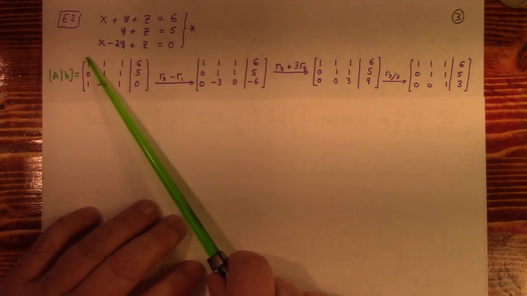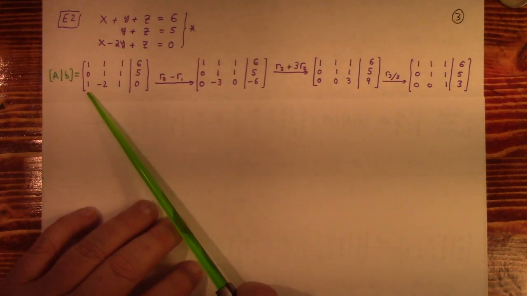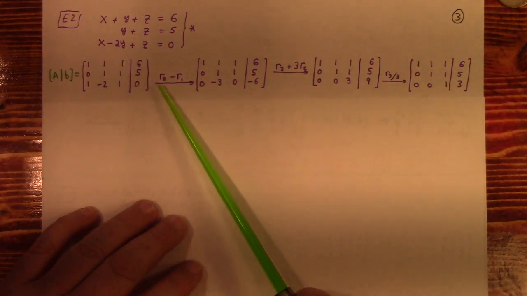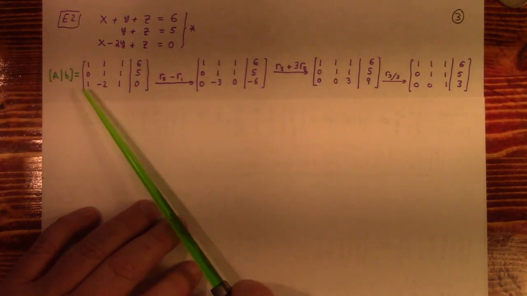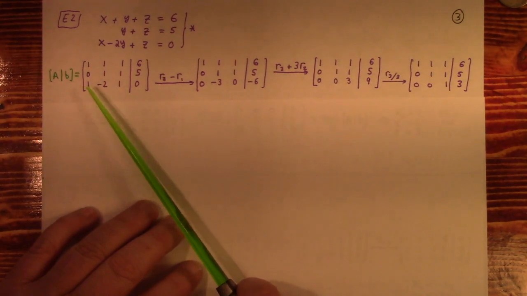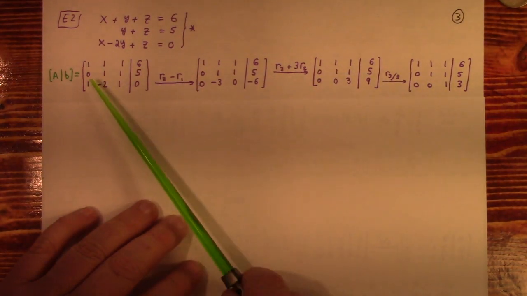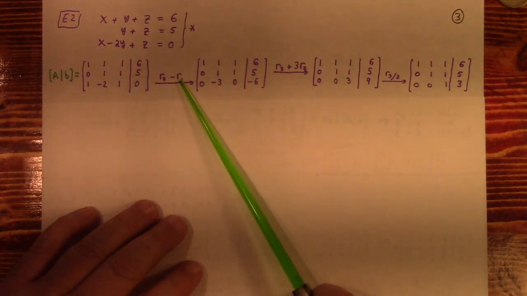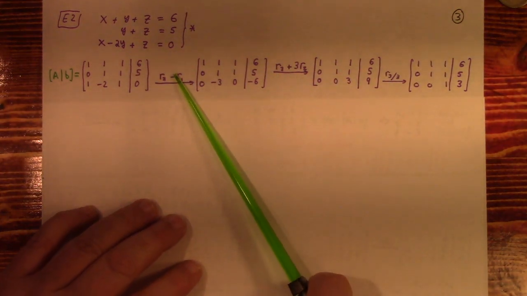My goal is to eliminate anything below that to make it 0. I achieve that by saying row 3 minus row 1, which clears this 1 out. Already this is not technically an elementary row operation, but we allow it, okay?